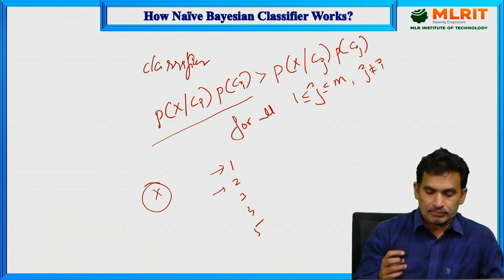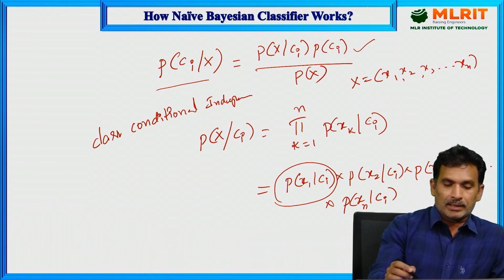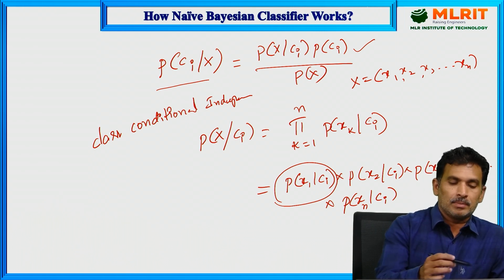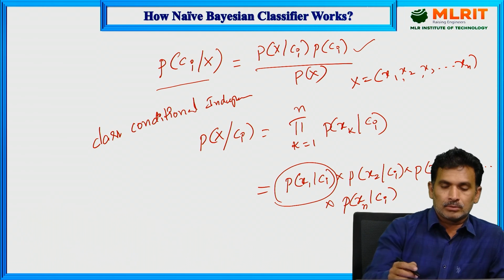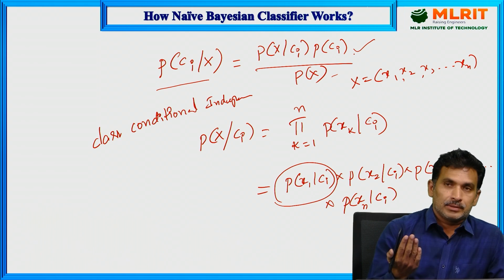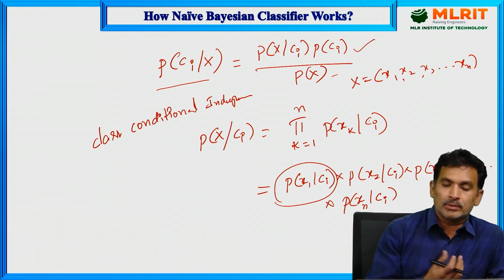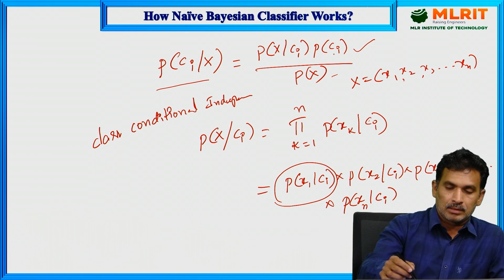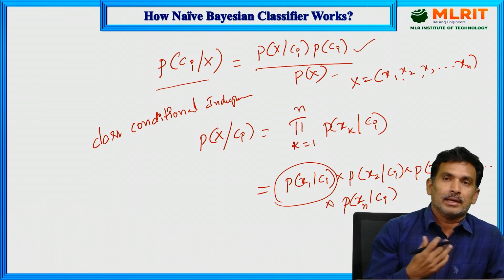So that's why we have to always maximize the posterior probability, probability of Ci given x. This term, the evidence, is a constant, so the numerator could be maximized. Again, suppose we don't know the prior probabilities of the class labels Ci, in that case all the class labels are equally likely.